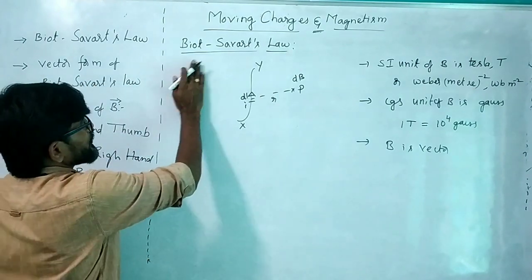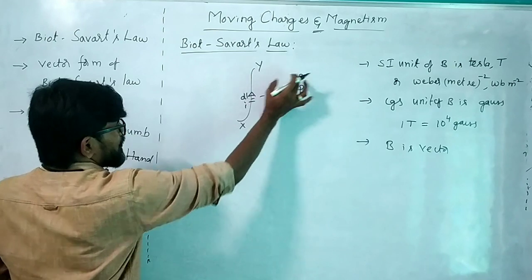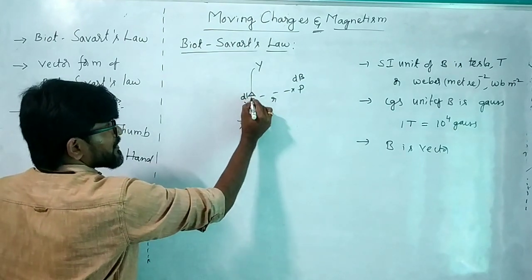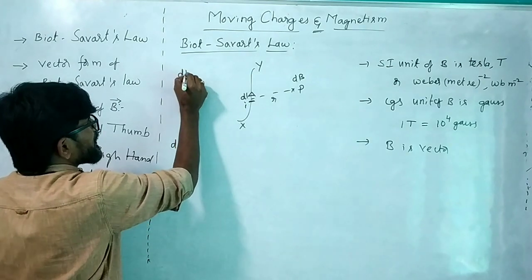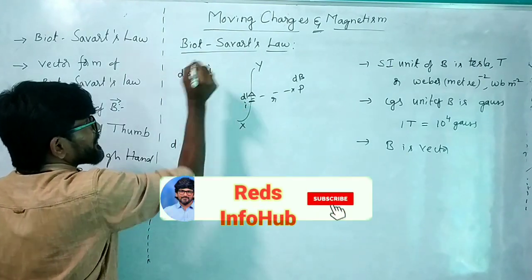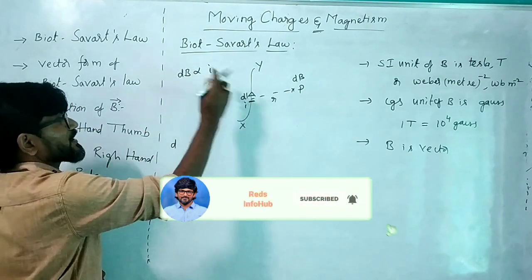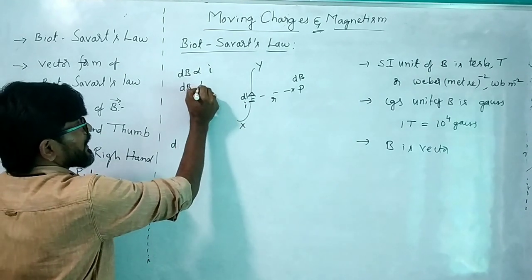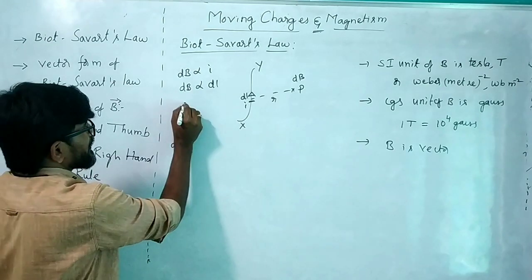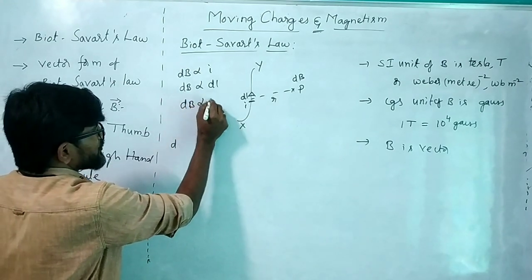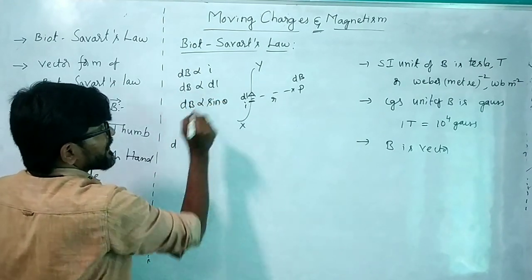First, according to Biot-Savart's law, this small amount of field produced by the small element dl is observed to be, let us see here, dB is directly proportional to I, the current flowing through this element, and also directly proportional to the length of the element. And it is also observed that dB is directly proportional to sine of theta.